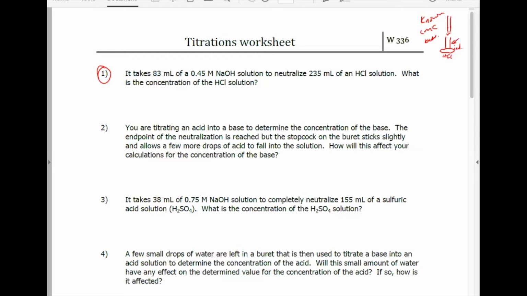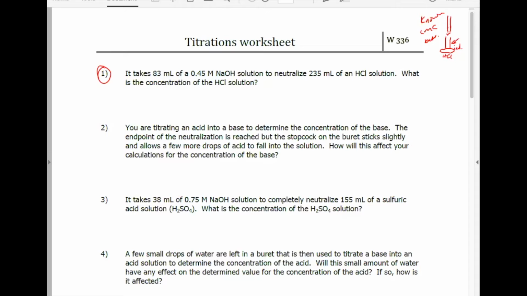So we're going to be taking advantage of that. In order to do titration reactions, we're going to need the stoichiometric ratio, so we need to have a balanced chemical equation.